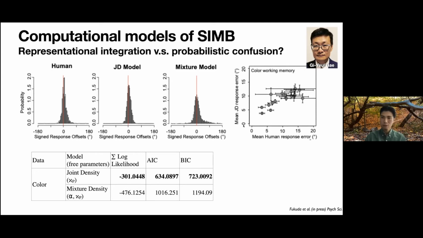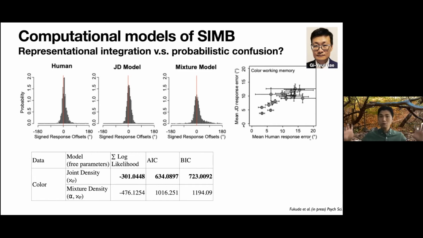So this is all good, but we wanted to get further empirical support for this model. And here we tested the following hypothesis. If the JD model is correct, people who show a larger bias are those who have less precise memory representation. Why? Well, if your memory representation is less precise, your representation has a larger width.